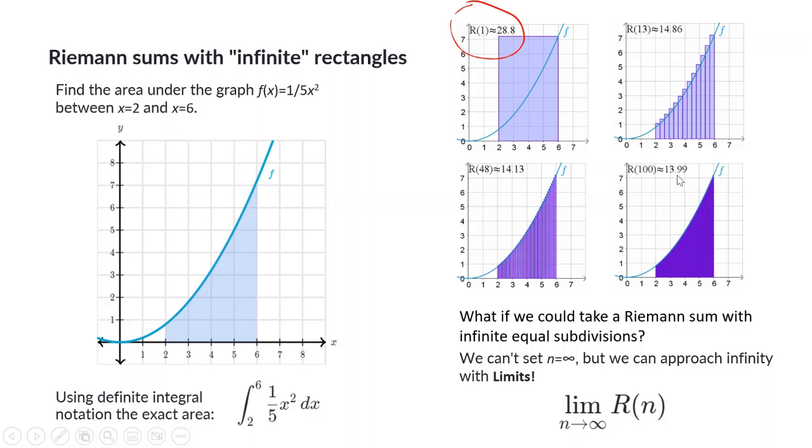So the more rectangles we divide the area under the curve into, the closer it is to the actual area.